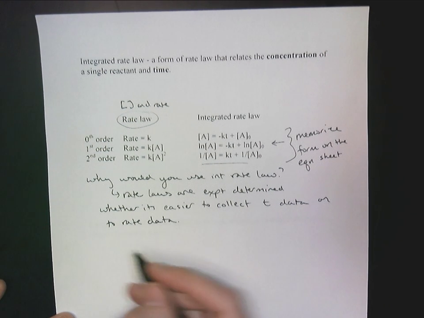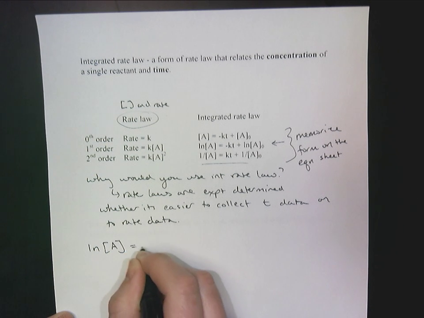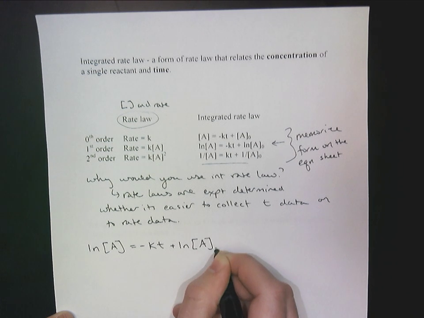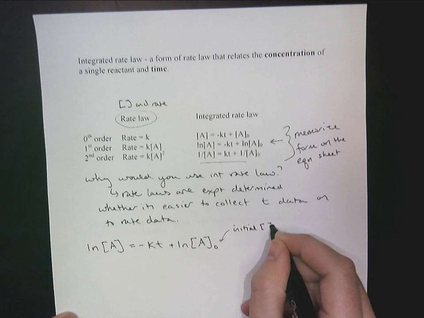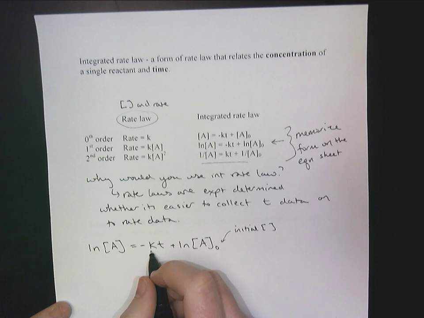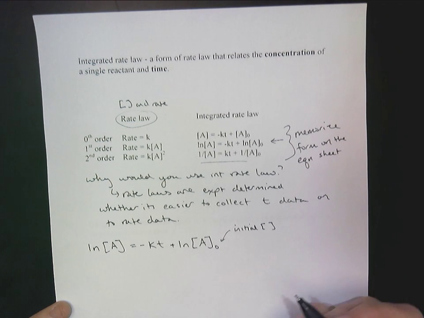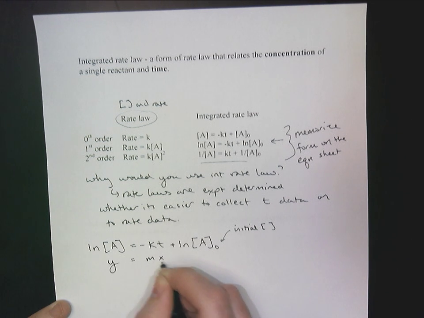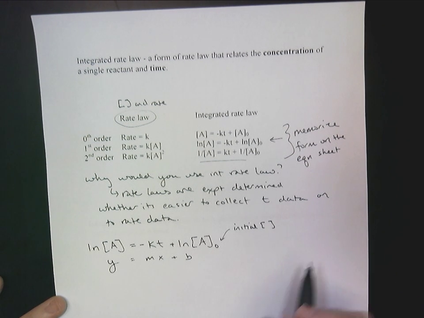Let's start with a first order rate law. So you can see that the first order rate law looks like this. That little 0 means initial concentration of A. Okay, obviously k, that's our rate constant. Little t is time. ln is natural log. If you look, this is in the form of y equals mx plus b. If you look, all the integrated rate laws take that form.